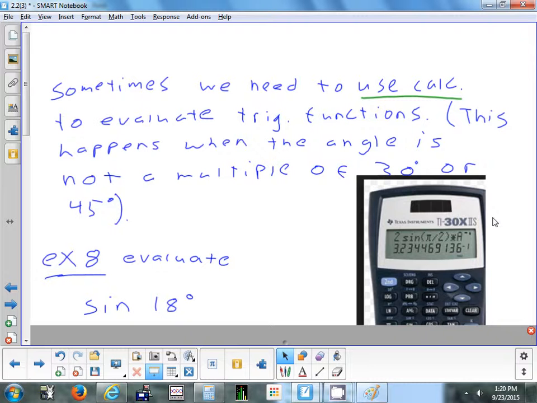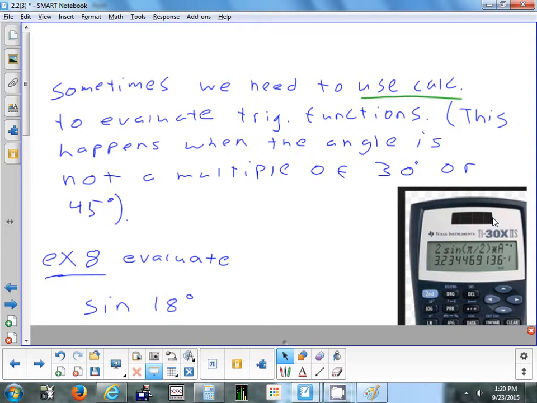It's right next to second. If you press DRG, you'll get a choice of 3 things: degrees, radians, gradients. We don't use gradients. We just use the first 2. So you can just use your arrows to pick whichever one you want and then hit enter. In this case, we want degrees.